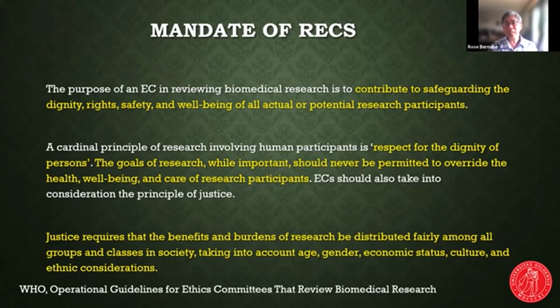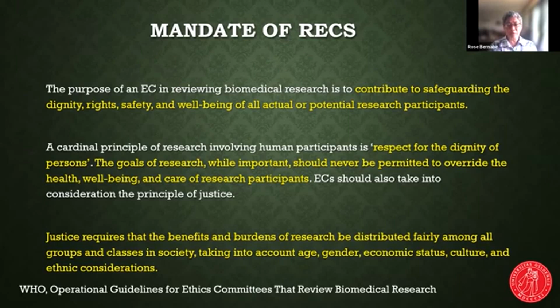It means that the reason why there are research ethics committees is because the dignity of persons should be of primary importance. No matter how important a research is, the dignity of the human person who will be, shall we say, research participants cannot be waived, and therefore that needs to be safeguarded.